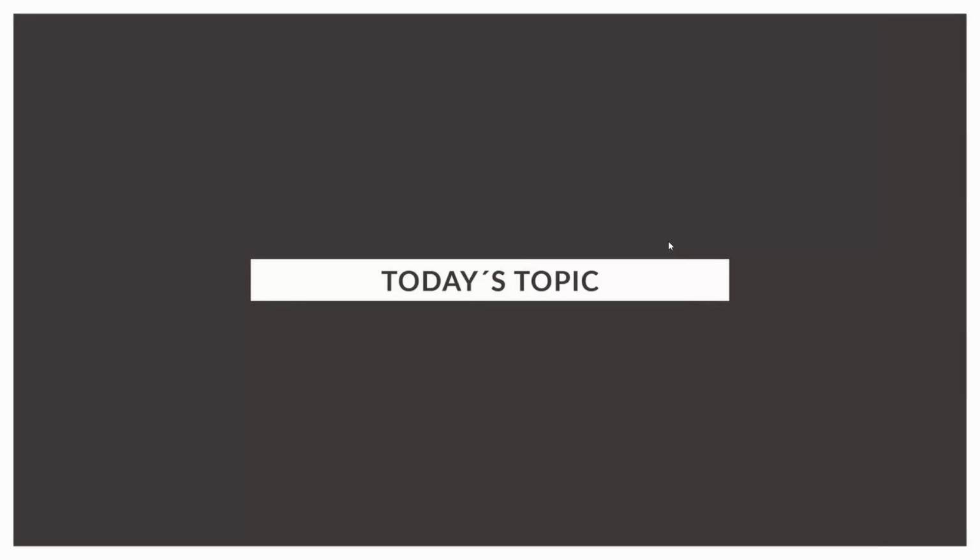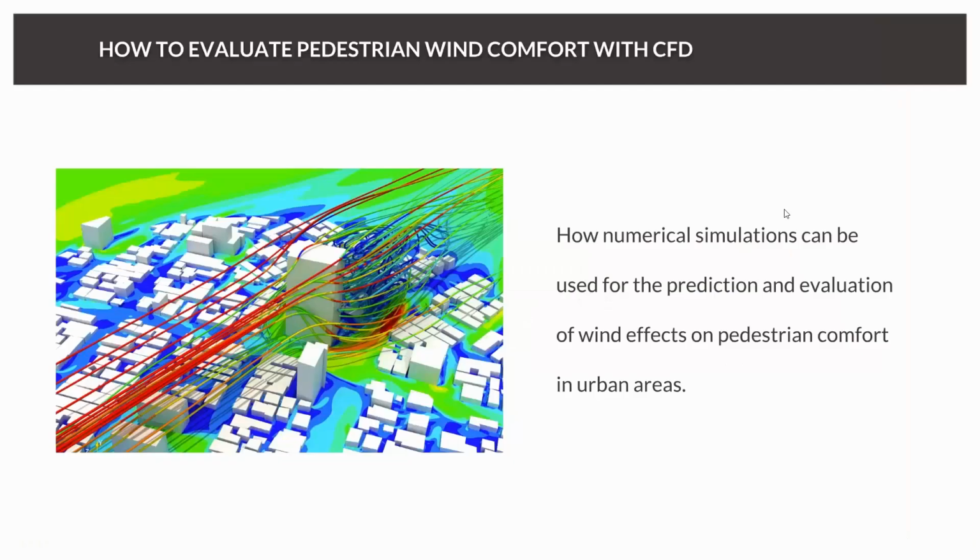Let's now talk about today's topic. Our aim today is to understand how CFD can be used in the field of pedestrian comfort, and therefore let's start with a small introduction, and let me quickly summarize what you're going to learn in the next 20 minutes.